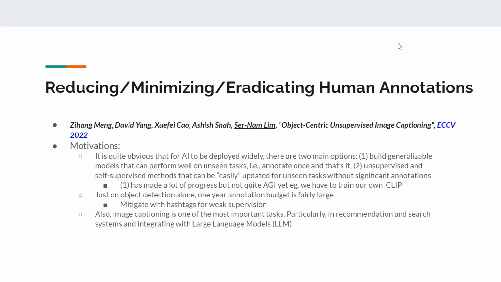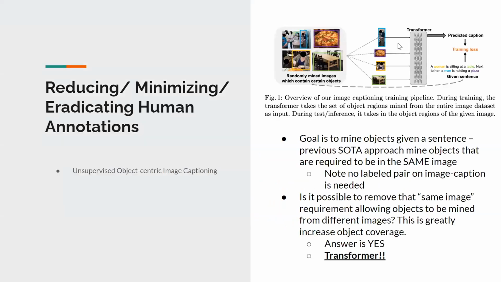There's an ECCV 2022 paper. Unfortunately, this thing is blocking me, but essentially the idea is very simple. Usually in supervised image captioning, you take an image, you get somebody to write it down, and you do it a million times.